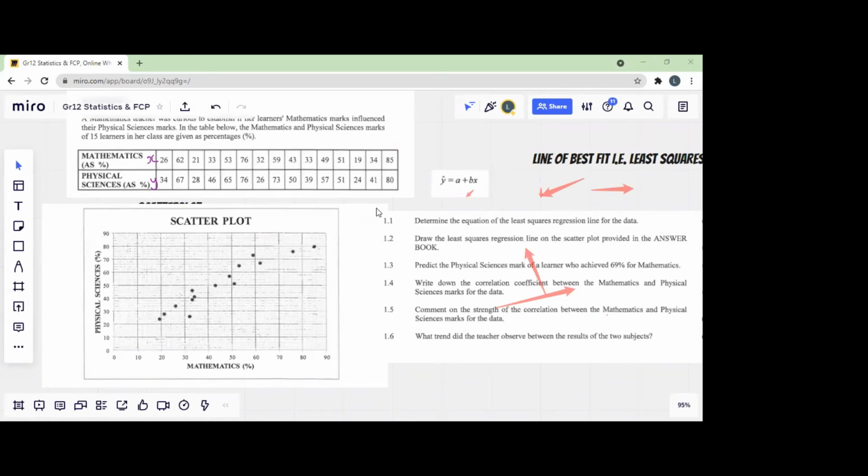You have got now 2 columns. You've got an X and a Y column. So these numbers for maths are going to be your X's, and the corresponding Y values are going to be your physical science marks. So you need to input those. It's up to you whether you want to go across or you want to just enter down in a column, probably easier. So now in column X, you're going to press 26 equals, 62 equals, 21 equals, and fill in that entire column.